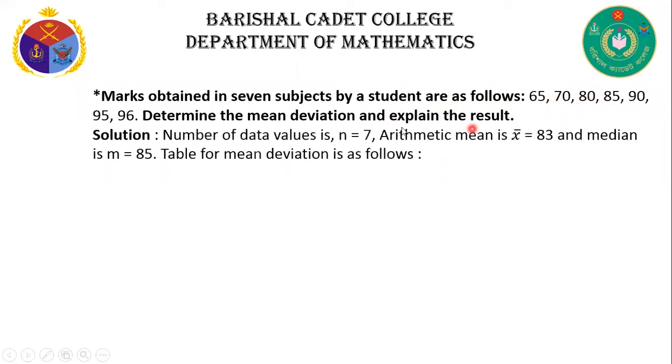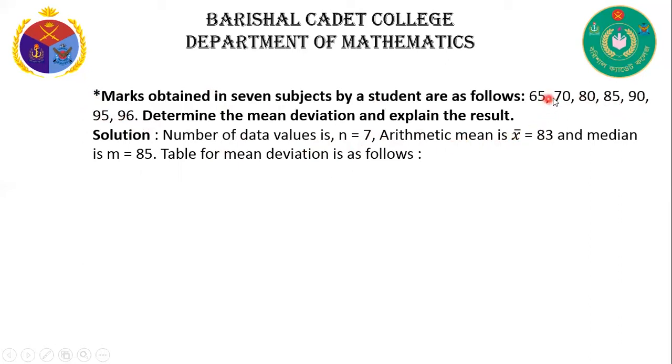Now solution. Number of the data: 1, 2, 3, 4, 5, 6, 7. So n is equal to 7. And arithmetic mean x bar is equal to 83. Here total sum of the numbers divided by the number of data.